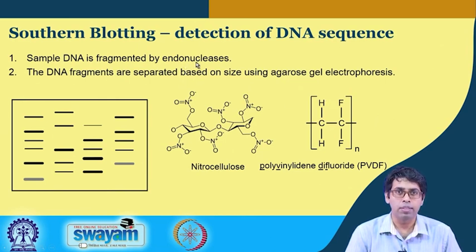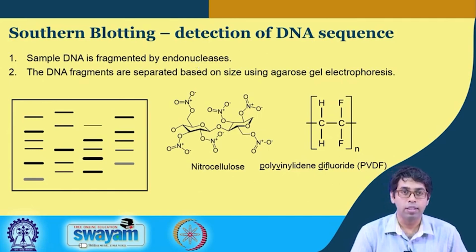Endonucleases are enzymes that we know cut at specific sites. We talked about that in the recombinant DNA technology lectures. So, endonucleases are used to cleave the DNA into relatively smaller fragments, but still these are very big fragments. So, we are going to use agarose gel electrophoresis to separate out these fragments.